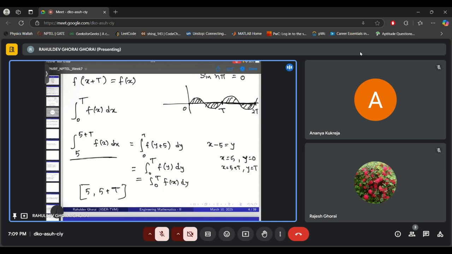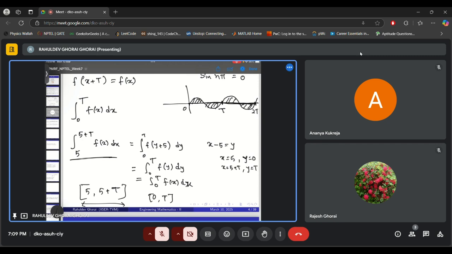So y is a dummy variable, so we can choose whatever we want. But the thing we are getting is that in the interval 5 to 5 + T, whatever the area, in 0 to T also we have the same area for the function f(x).